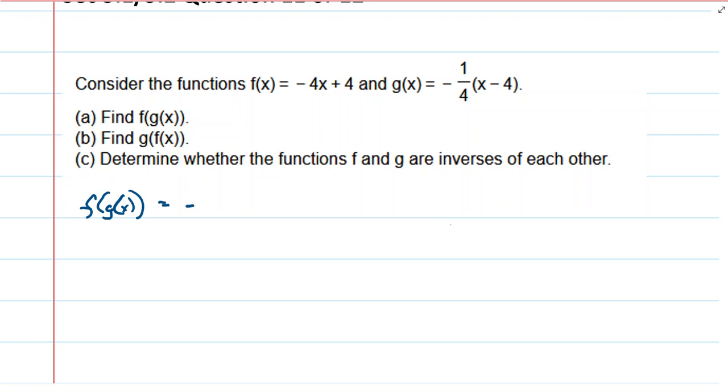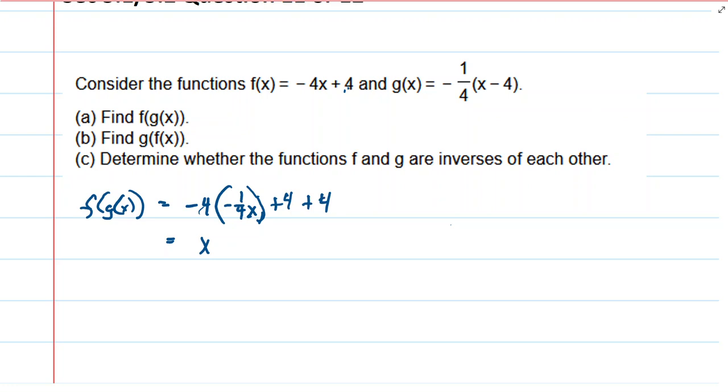So I'm going to have a -4 times a -1/4 x minus 4 plus 4. So in this case, I'm going to have a positive x. Oh, it's a plus. Just have a plus 4 there. I wrote it wrong.